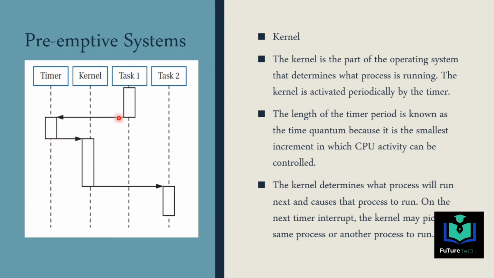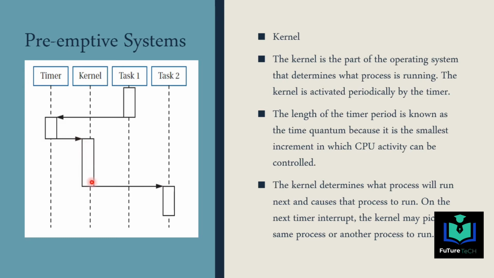That is what happens after the completion of task 1: control is given to the timer, that is the time quantum. The kernel determines what process will run next, at each and every phase.